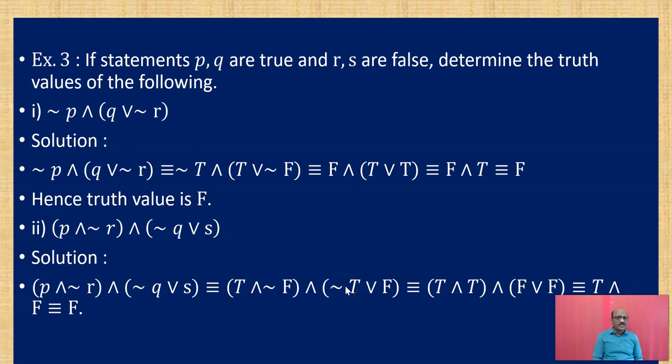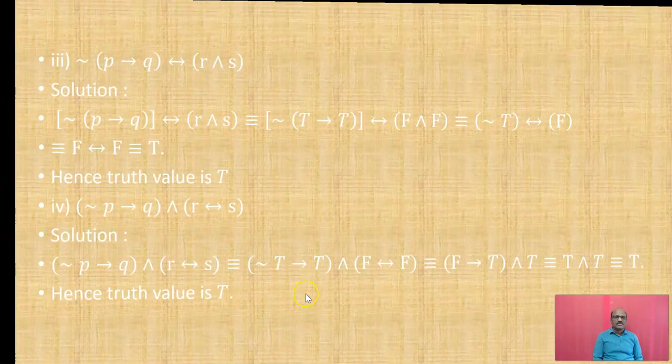Negation of T is F. F or F is F. Therefore T and F is finally F. Therefore the truth value is F.